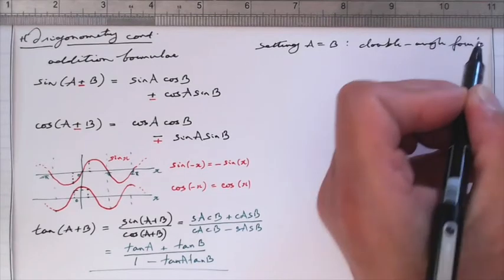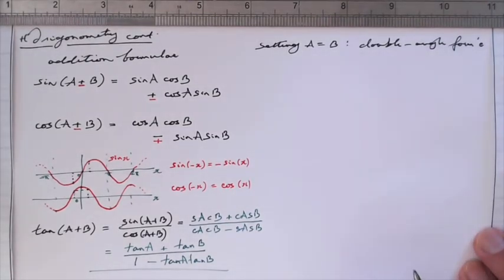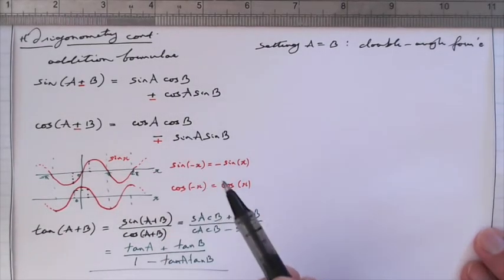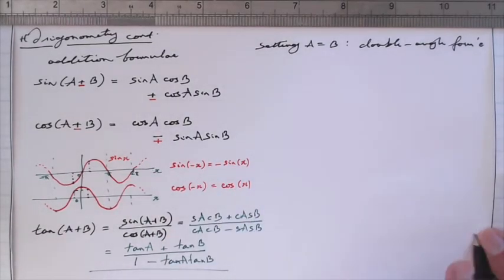Okay, the double angle formulae. So let's see, and I'm only going to write these down for sine and cosine just because of space primarily, and also, as I say, at least in Scotland in the higher syllabus, you don't really need to know about the tan function here.